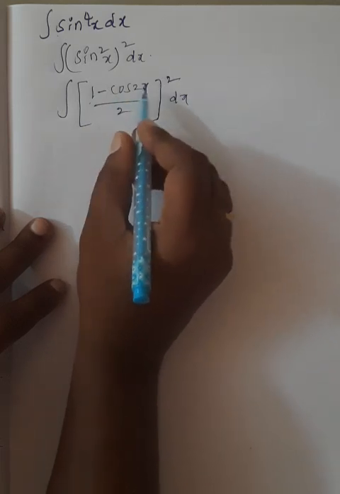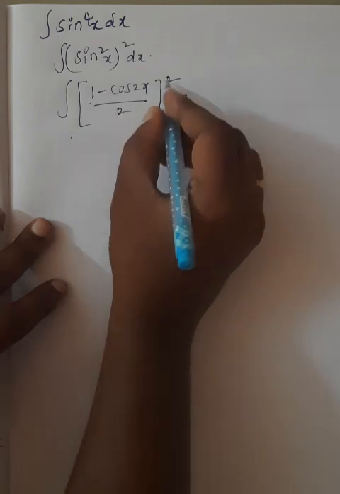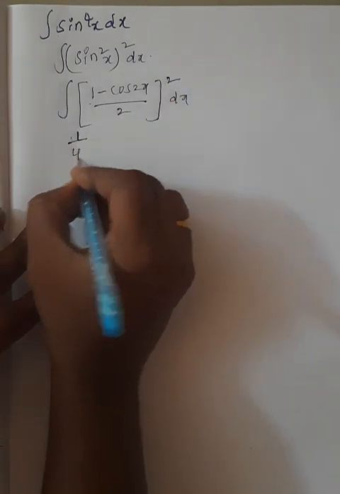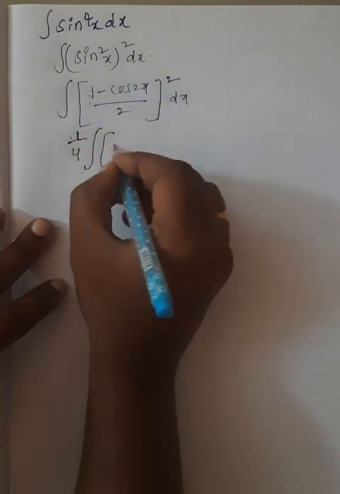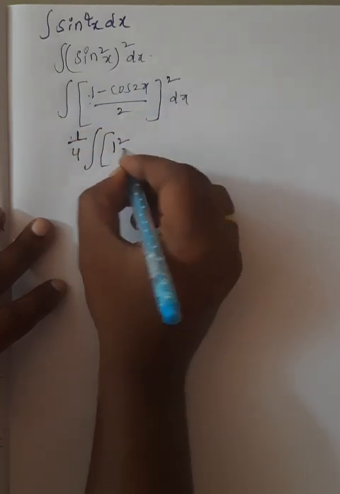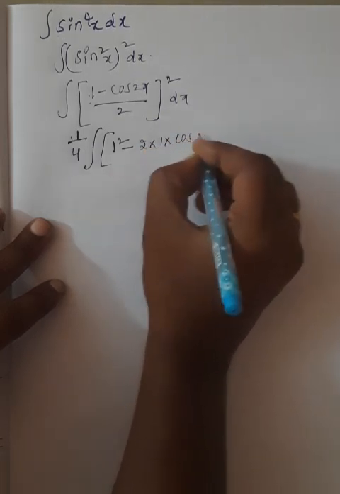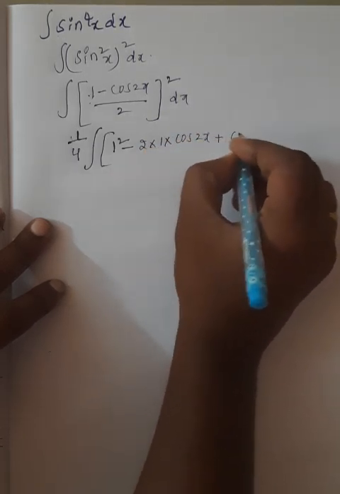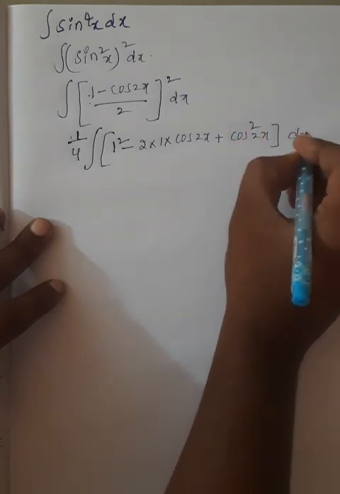Now it is in the form of a minus b whole square. So here 2 square will become 4, so we should write 1 by 4 outside. So now the a minus b whole square formula is a square, which is 1 square, minus 2 into a, which is 1, into b, which is cos 2x, plus b square, which is cos square 2x, into dx.